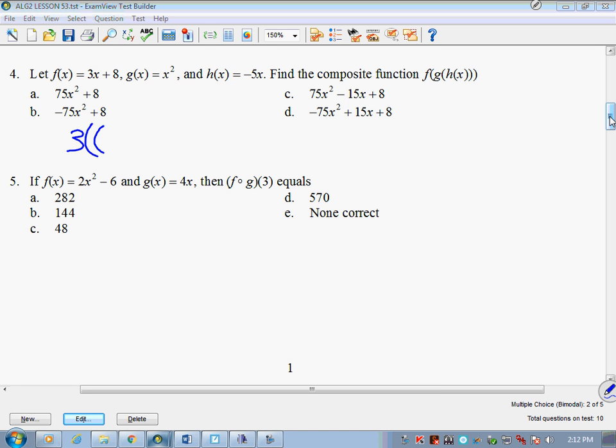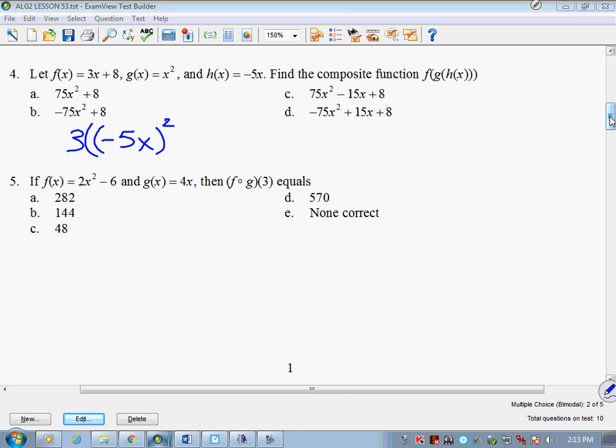What is h of x? Negative 5x. Am I doing f of g of h of something, or is it just x? Just x. All right, so we're going to leave that as x. So that's my h. I can close up that parenthesis. Does there need to be anything outside of that parenthesis, squared, so that we're finishing off g of x?